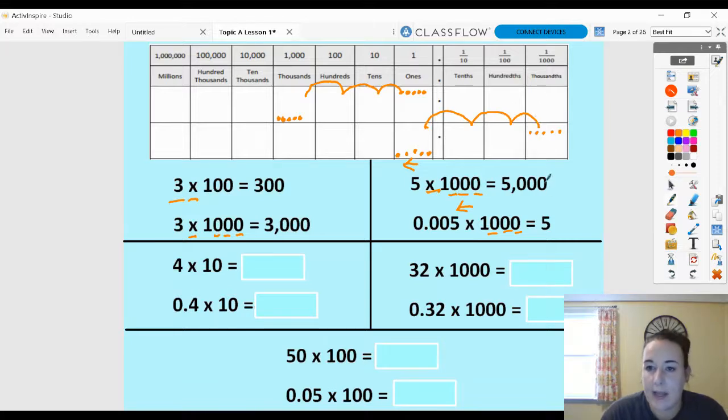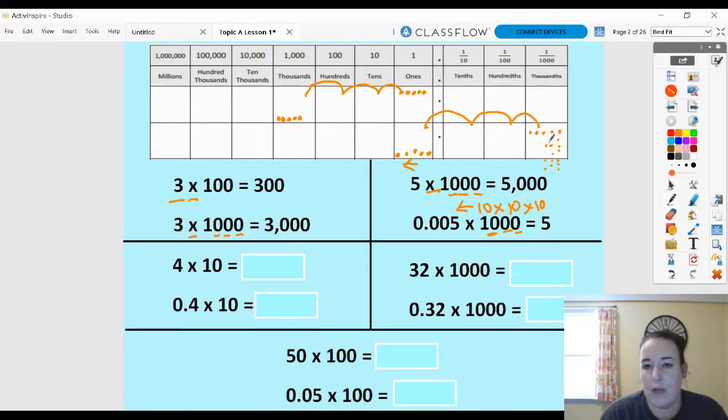Now the reason that is, remember, is each one of these, when we take it times one of these powers of 10, if I broke this apart, this would be 10 times 10 times 10. So if I took 5 thousandths times 10, that would mean each one of these would have 10. So this would be 1 thousandth, 2 thousandths, 3 thousandths, 4 thousandths, 5 thousandths, but then we would have 10 more down.